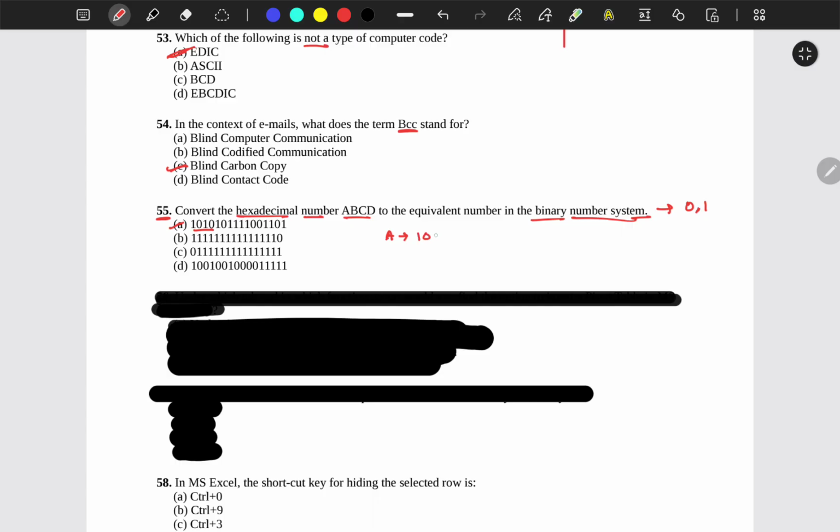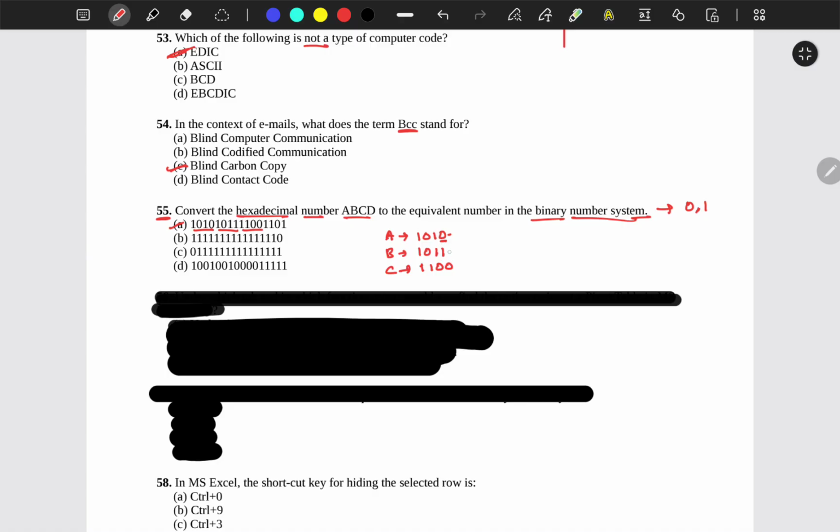So for A we write 1010. For B we write 1011, because 0 already exists here, right? So the next thing we can change it into is 1. Option C is 1100, right? We've already changed 0 to 1, so we can make it 0 again.